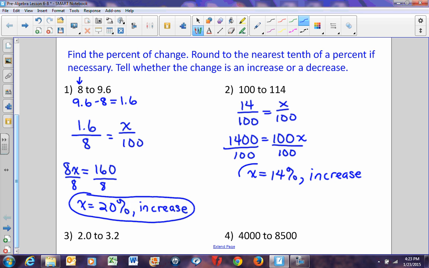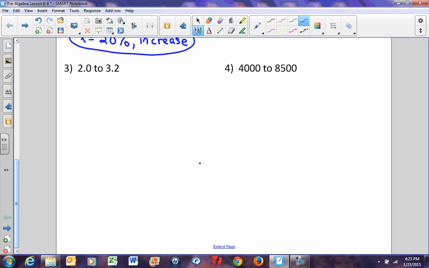As you can see, it is not really difficult to do a percent of change problem. All you have to remember is you have to find the amount of change first, put that over your original amount, and then set up the proportion with x over 100. Let's look at 2 more problems. 2 to 3.2. 3.2 minus 2 is 1.2, so the amount of change is 1.2.